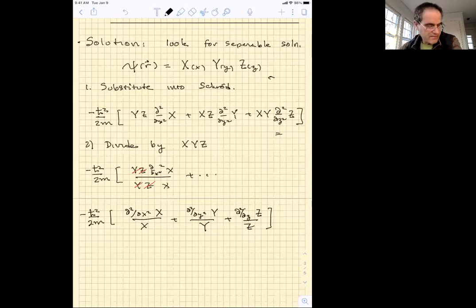And on the right-hand side, we'll just have the energy. Remember, the potential energy is 0, and we've just divided by the wave function and canceled that out from both sides.